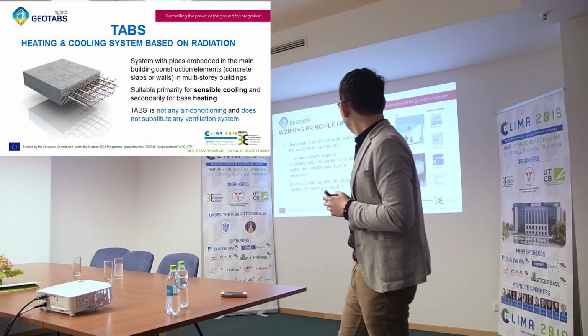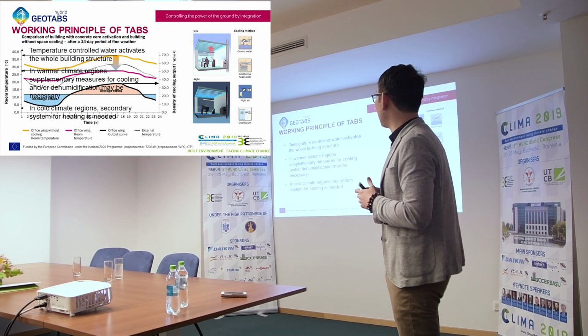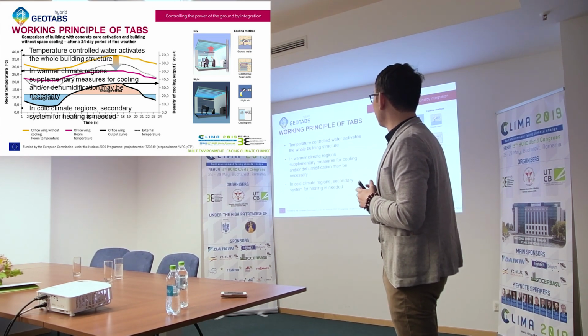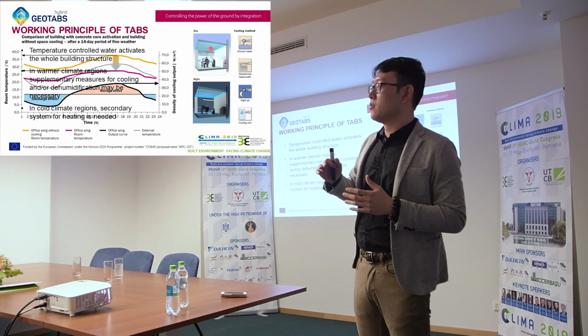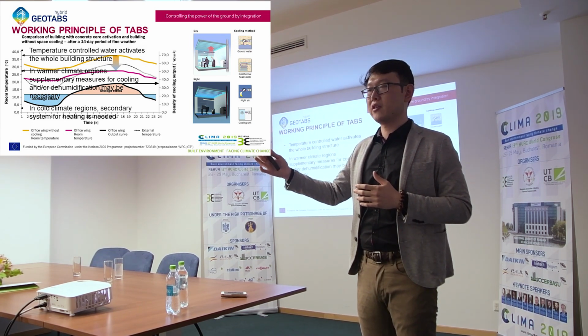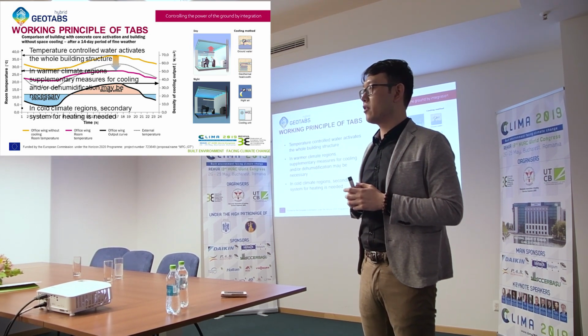Okay? Then a little bit more practical information on how TABS works, or how you should understand TABS. For example, we have mild temperature in Europe, but also very warm temperature in Mediterranean countries and very cold climates in Scandinavian countries.